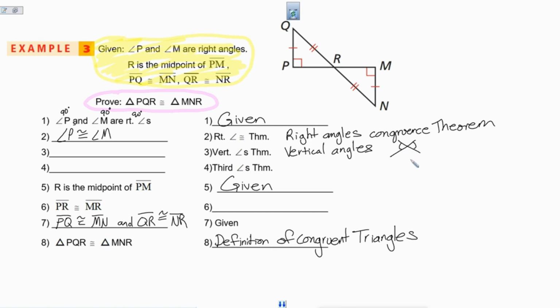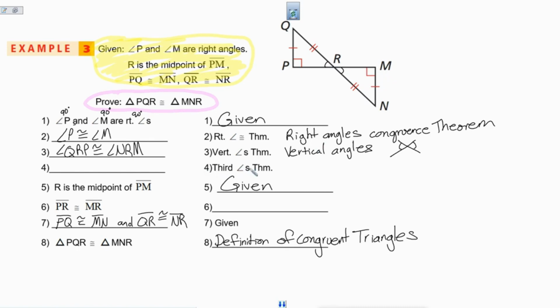Don't just tell me angle R. Angle R names a lot of angles. We have angle QRP being congruent to angle NRM. So this set of angles here. So right now we know we have right angles, and we know our vertical angles are also congruent. So we have two sets of angles in our two triangles being congruent.